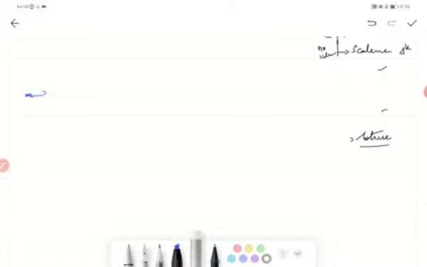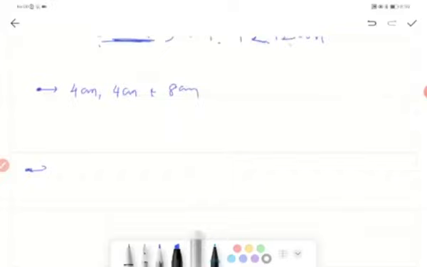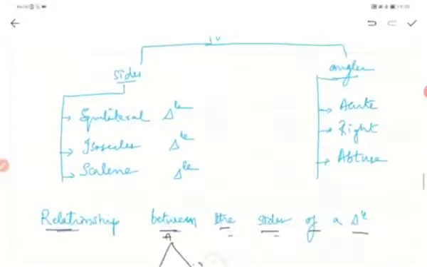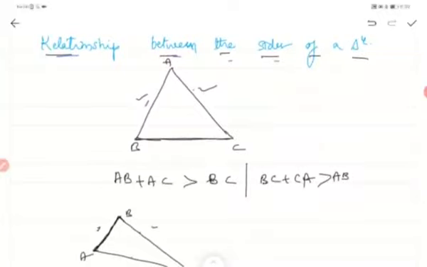The next topic we had seen is the relationship between the sides of a triangle. What was that? The sum of two sides of a triangle is greater than the third side, isn't it? And one more thing to include here: the subtraction of two sides of a triangle is less than the third side.